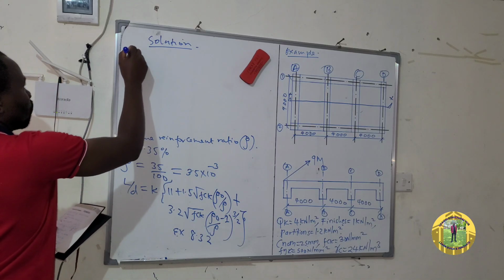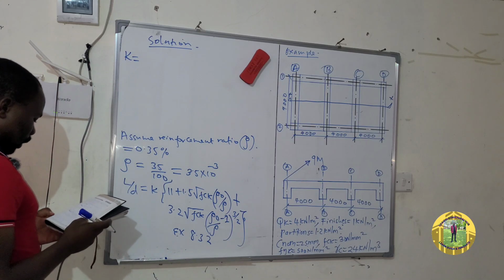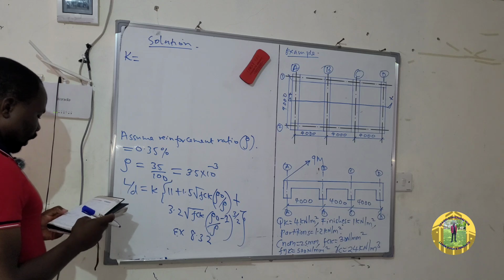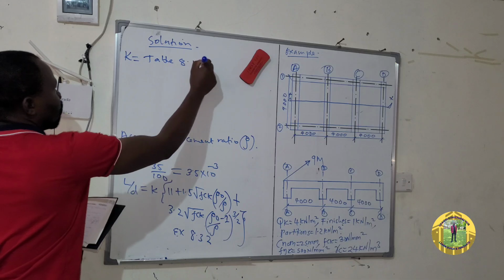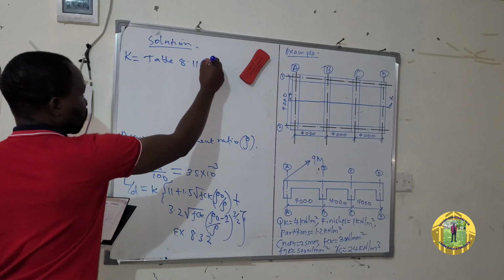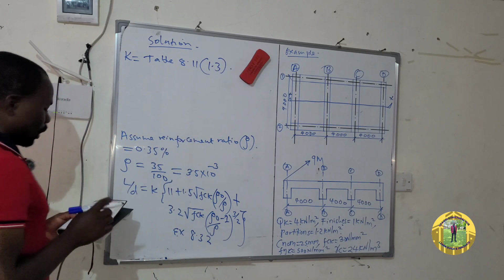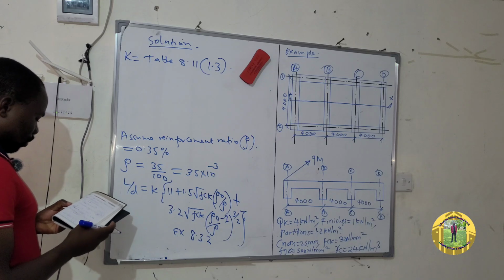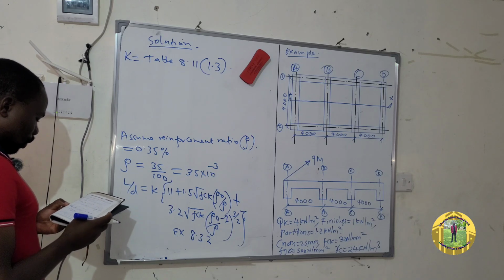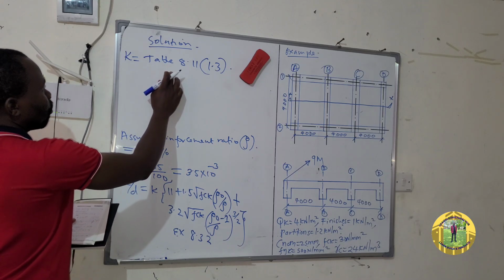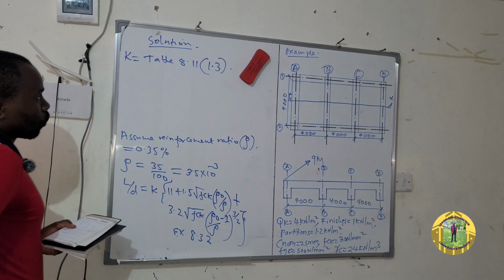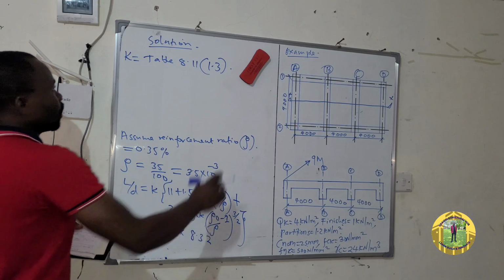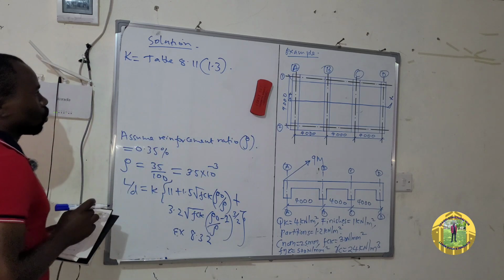So K is obtained in table 8.11, which is 1.3. I will show you later. So for a continuous beam, this will be for what we call the end span.